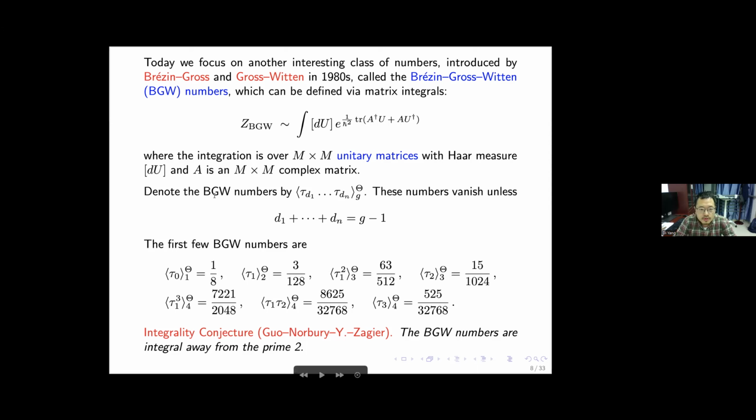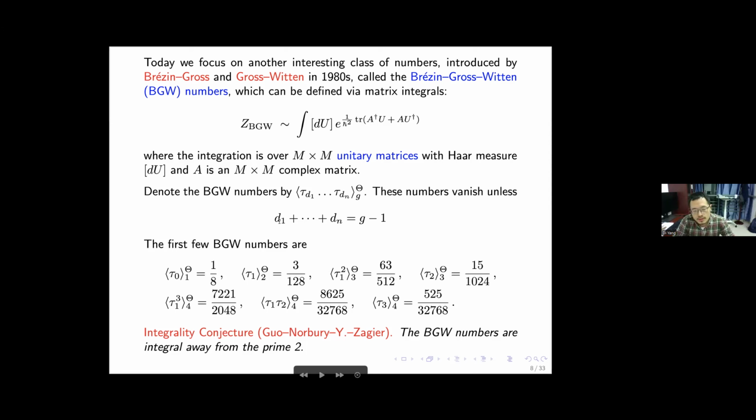And so these Taylor coefficients will be called the BGW numbers. We know that they vanish unless their sum equals g minus 1. To get some feeling about these numbers, here are the first few BGW numbers.